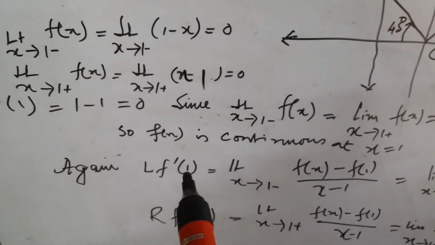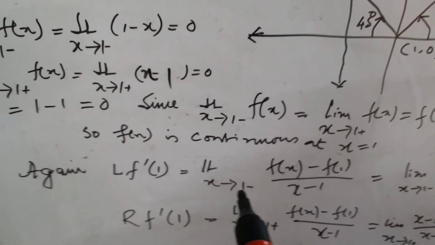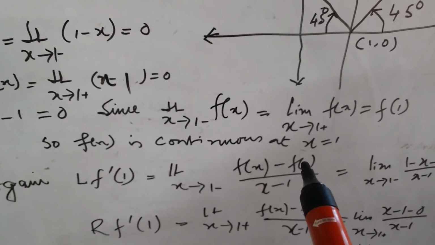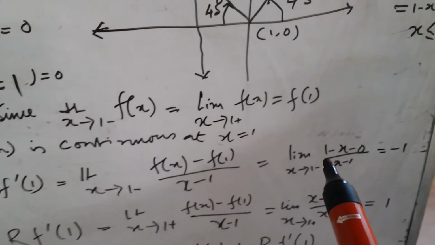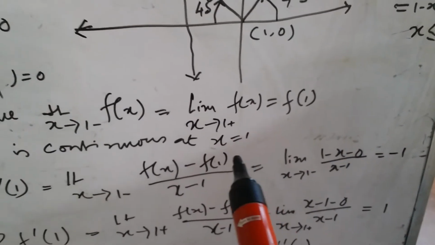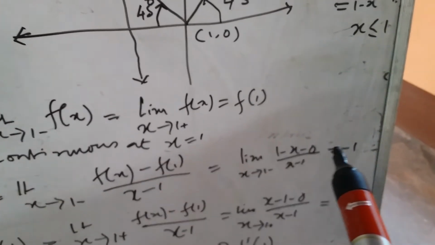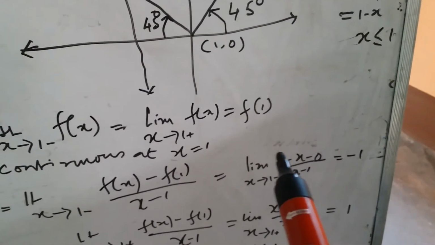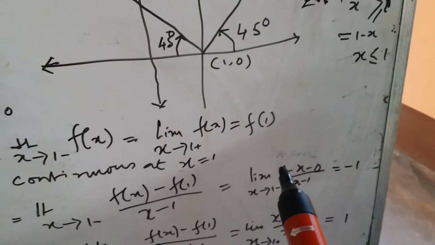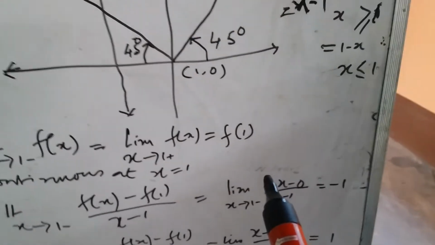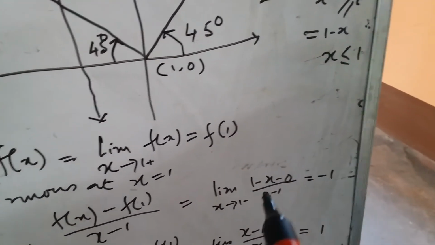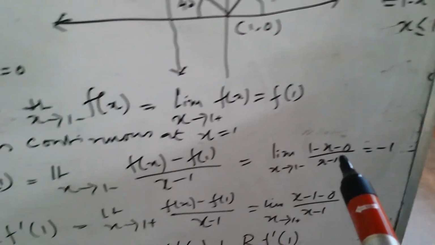But in the case of the left hand derivative, (f(x) minus f(1)) by (x minus 1), here we put f(x) equal to 1 minus x, and minus 0, f(1) equal to 0, and after taking minus 1 common from above and cancelling, we get minus 1.